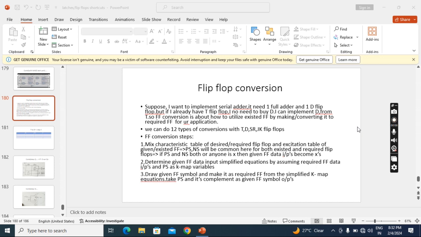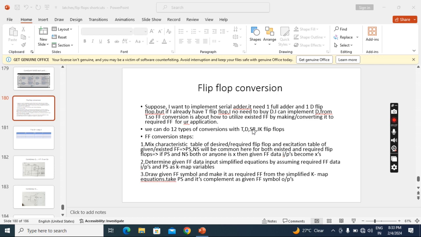So flip-flop conversion is about how to utilize the existing flip-flop by converting it into the required flip-flop. That's the intention. We can do nearly 12 types of conversions. We can do T to D and vice versa, T to SR and vice versa, T to JK and vice versa.